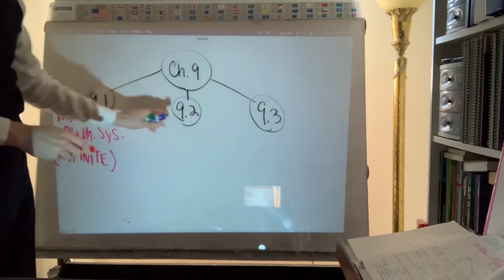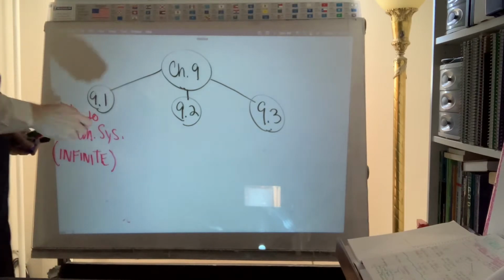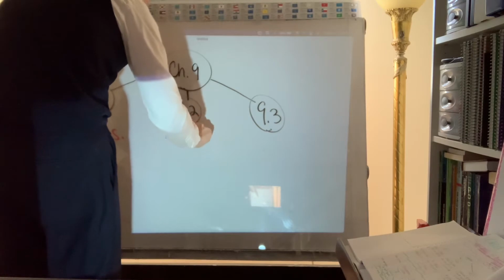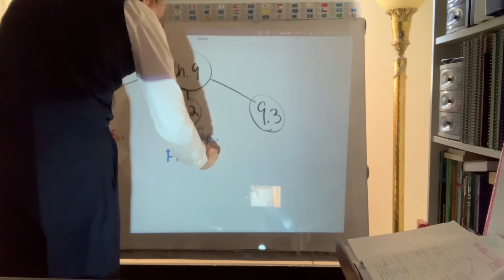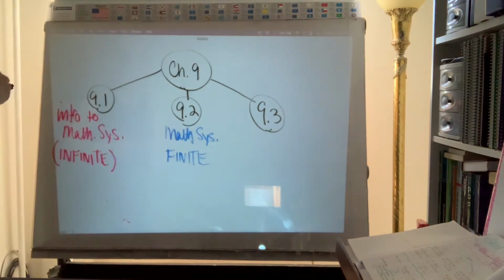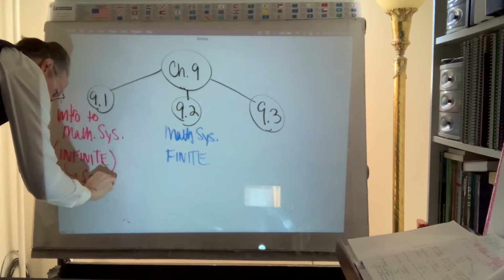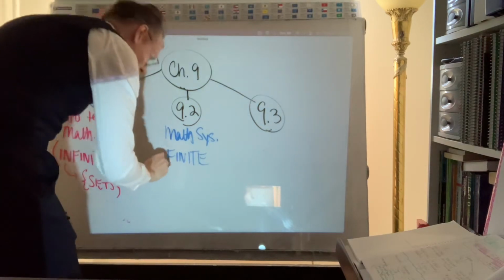When we get to section 9.2, we're going to be talking about mathematical systems that are finite, meaning that the sets are finite. These are infinite sets, and these will be finite sets.